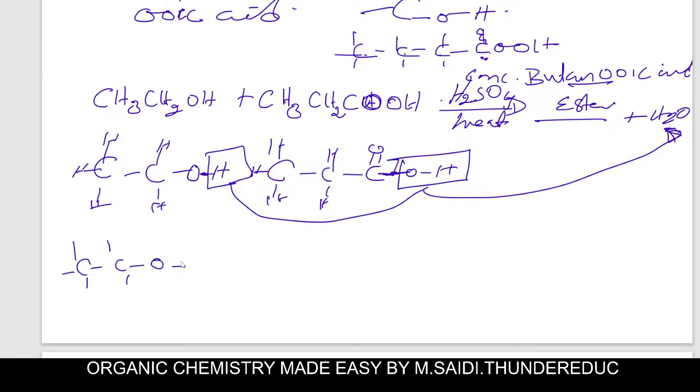Now I bring this other half a bond, and then I write from backward. You see, I write this, this is this, this is that. So what you have formed becomes an ester. So this is an ester.